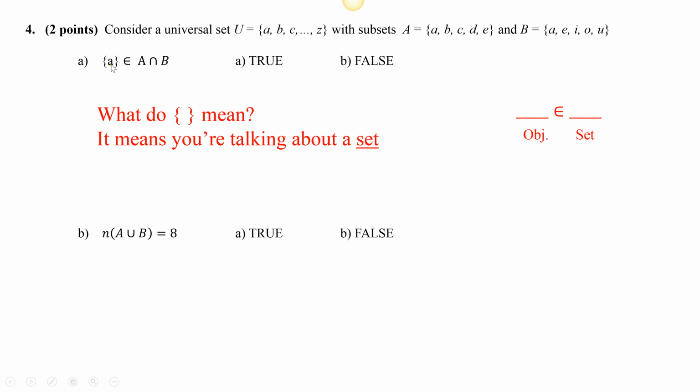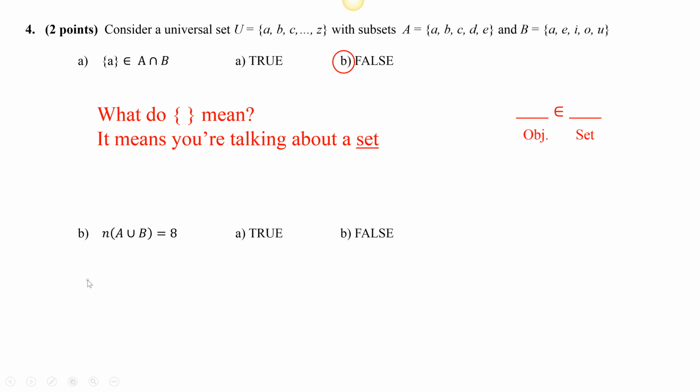So right here, when we're saying curly bracket A, close curly bracket, we are saying a set is an element of a set, and that is not possible because only an object can be an element of a set. So just because those curly brackets are there, the problem is automatically wrong. I don't even have to look at A intersect B and see if A is there, because those curly brackets make the statement false. Okay?